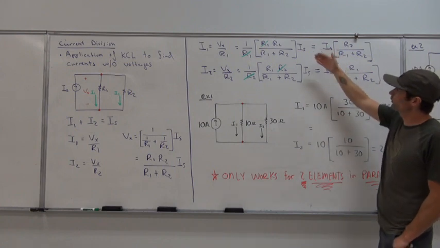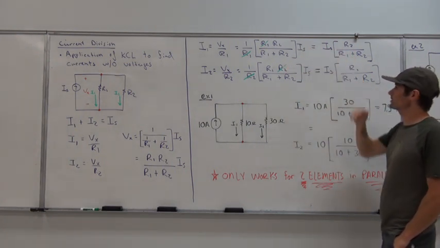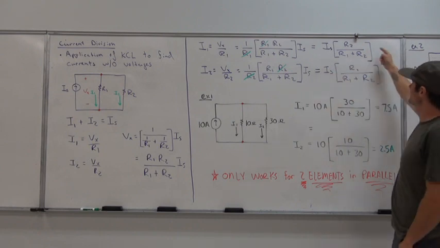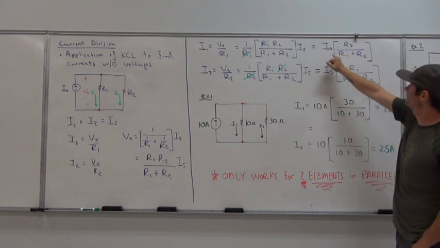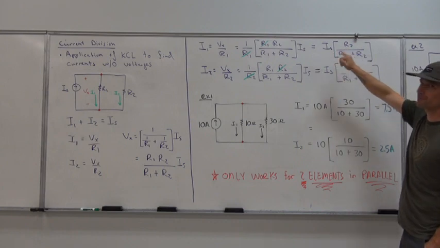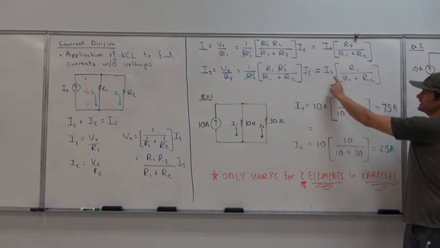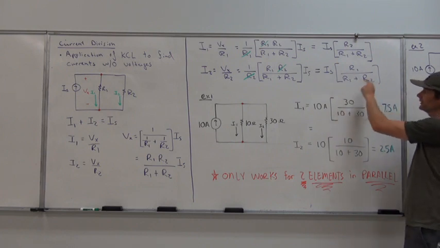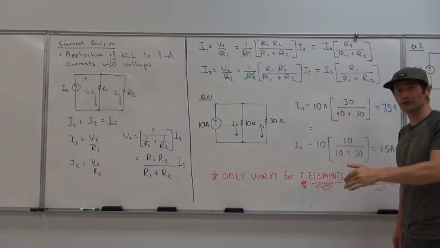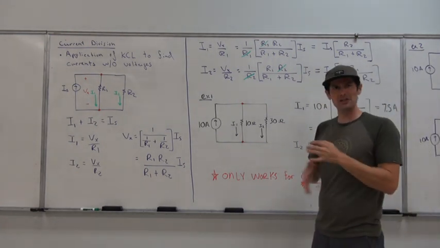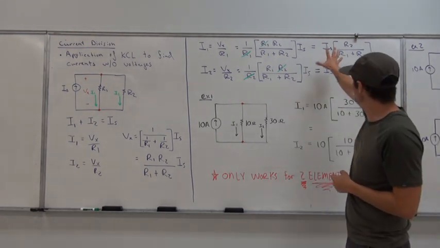So these two forms, I1 and I2, appropriately represent the current division forms, in which I1 is equal to IS times R2 over R1 plus R2, and I2 is equal to IS times R1 over R1 plus R2. Now, let's talk about how this would make sense.